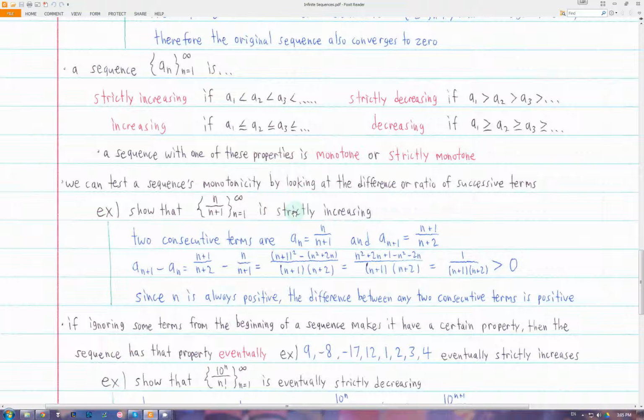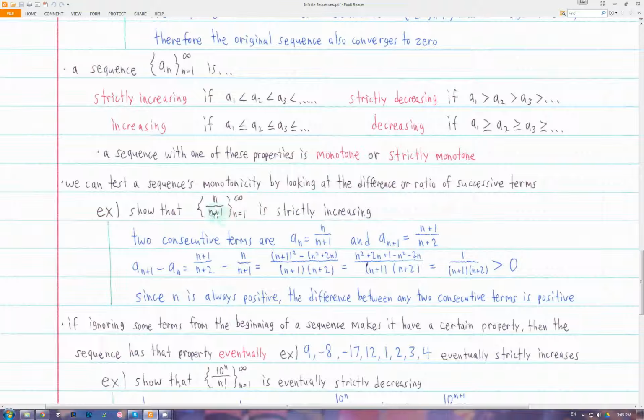And likewise, if the ratio between two consecutive terms is greater than 1, that means each term is greater than the previous term, so again it's increasing. And conversely, if the difference is negative, the sequence is decreasing, because we always have to subtract a number from the previous term. And if the ratio is less than 1, that means each term will be smaller than the previous term, so that the sequence will be decreasing.